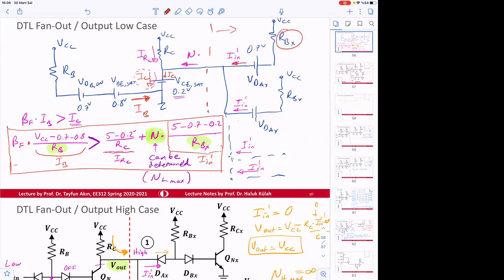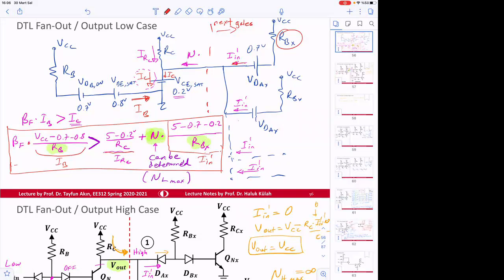Therefore, if we change RB to increase fan out, it will not be really improving that much, because the current coming from the next stage also depends on RB.